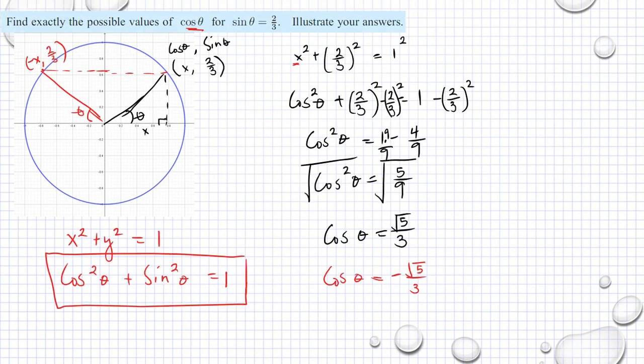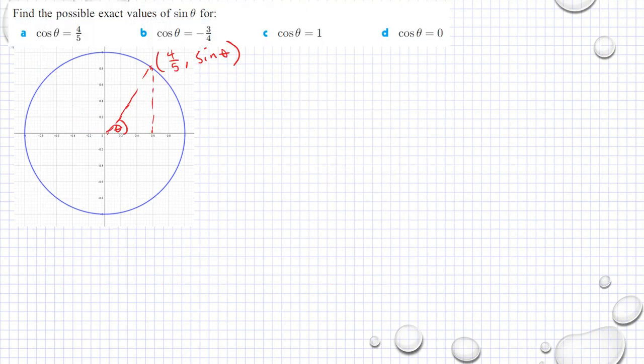I'm going back here again. We're going to use this identity now. That is cosine squared theta plus sine squared theta is equal to 1. Or if we simplify, we want only sine this time.